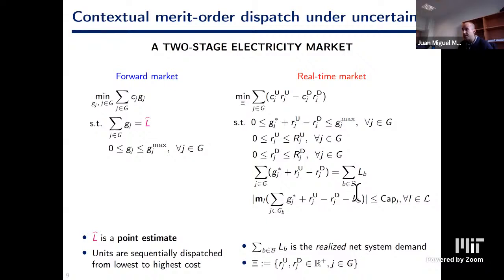B represents the set of nodes. In real time, we do enforce the transmission capacity limit of the set of lines L, where M_l here represents or corresponds to the l-th row of the matrix of power transfer distribution factors. Finally, capital R^U and capital R^D are parameters representing the maximum reserve capacity provided by the units, both upward and downward.